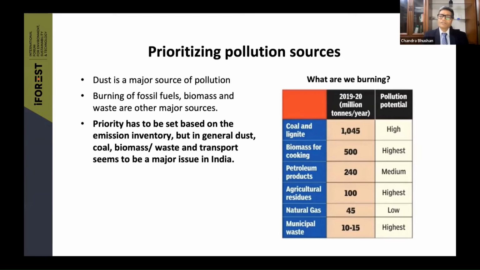We burn about 10 to 15 million tons of municipal waste. This is what we burn in the country. If you take this basket and look at dust pollution, this is the major source of air pollution in India. As I showed you, we burn about 2 billion tons of material. Half of that is coal, 30% of that is biomass.